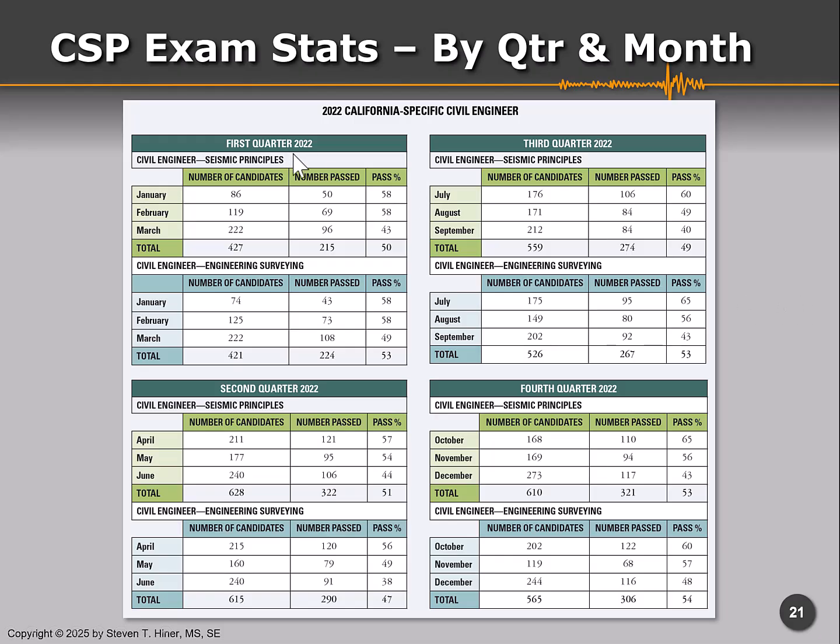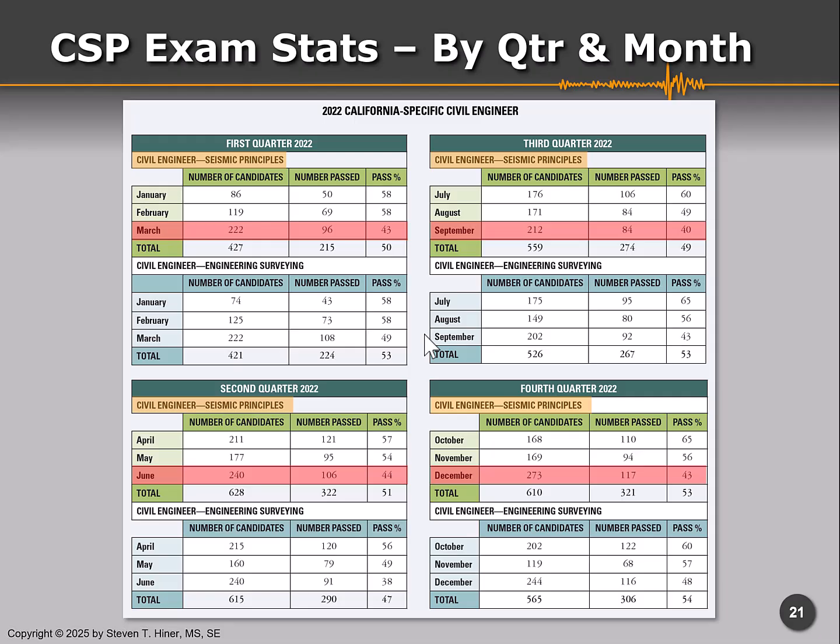And it's interesting but not surprising to me that for all the seismic principles exams and actually the engineering surveying exams, most people took it in the last month of a quarter. So March for quarter 1, June for quarter 2, September for quarter 3, and December for quarter 4.